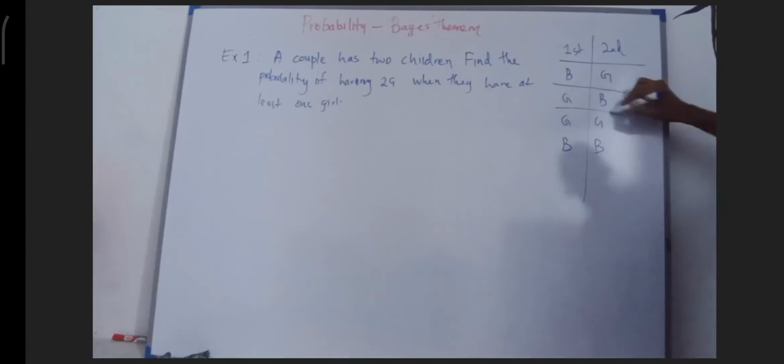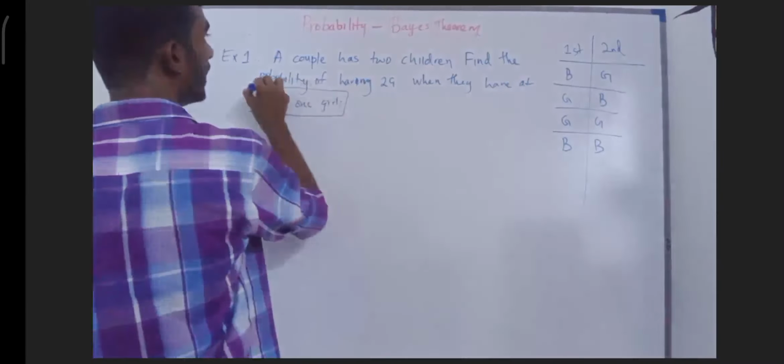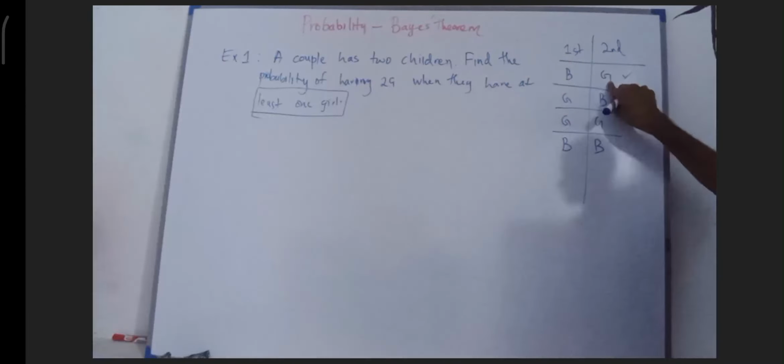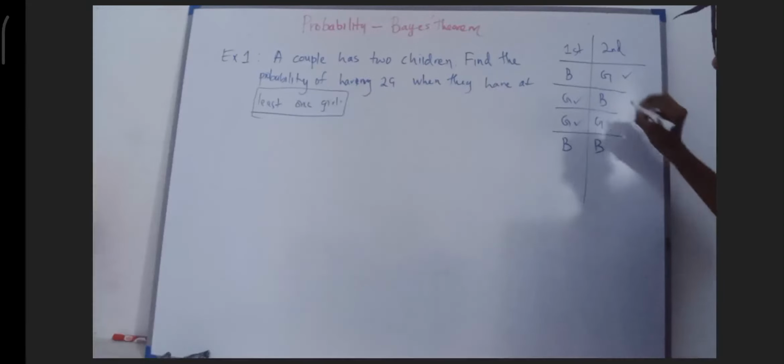Now this is total probability, so they can have these possibilities. But for this particular couple, they tell us they have at least 1 girl. So this might be possible, 1 girl at least, this might be possible, yeah, at least 1 girl.